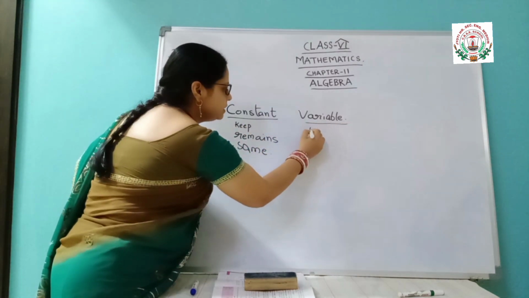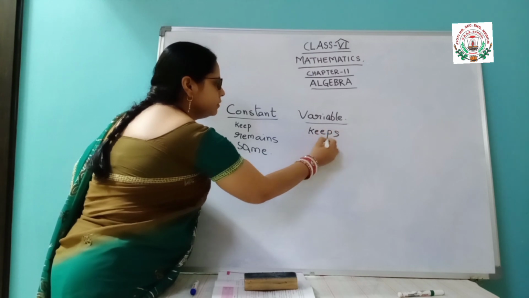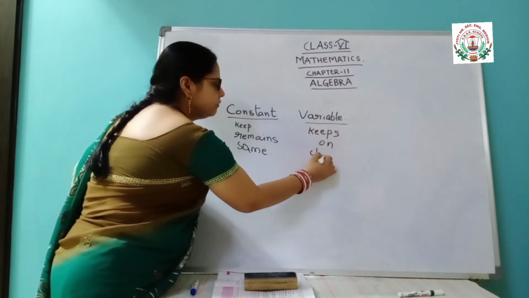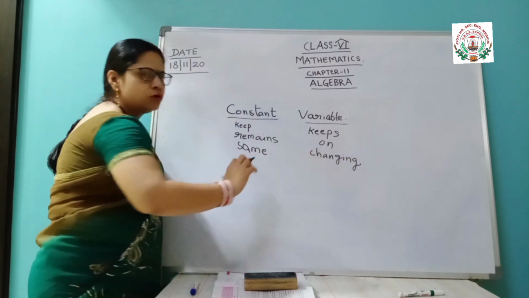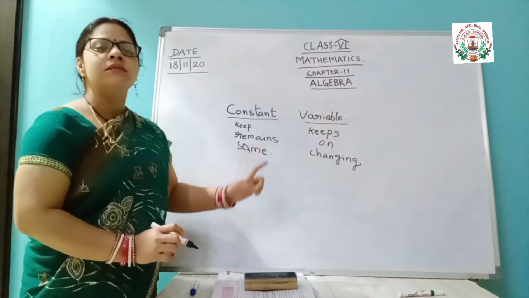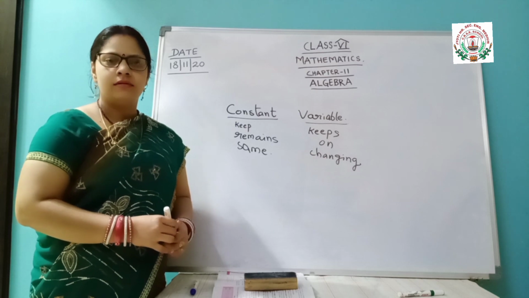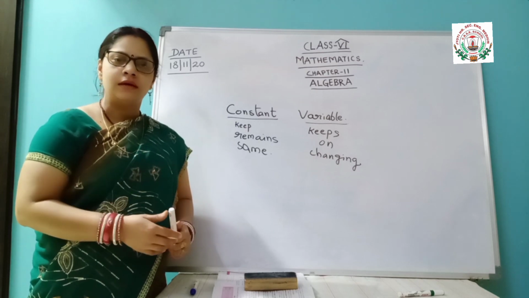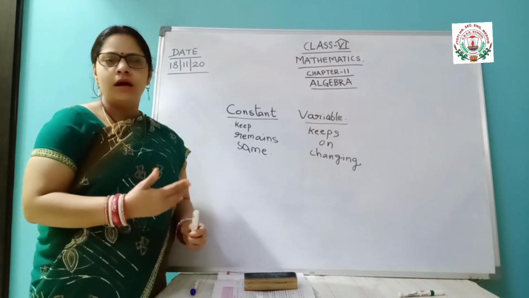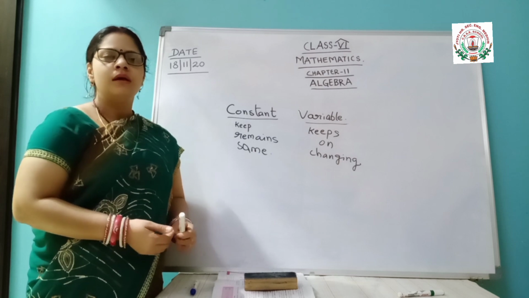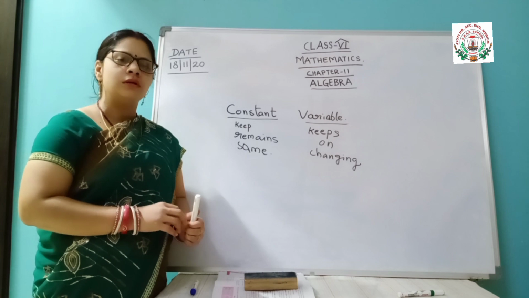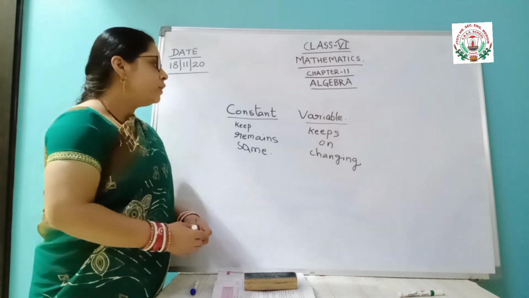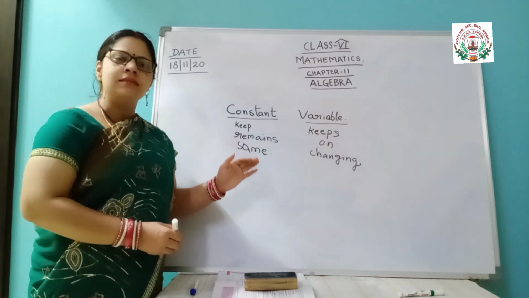And variable means keeps on changing, from question to question. Variable means keeps on changing, varying. जो हर समय change होते रहता है. Change होते रहता means we are not going to change it on our own. According to the value given in the question, it keeps on changing. And constant means it remains the same.